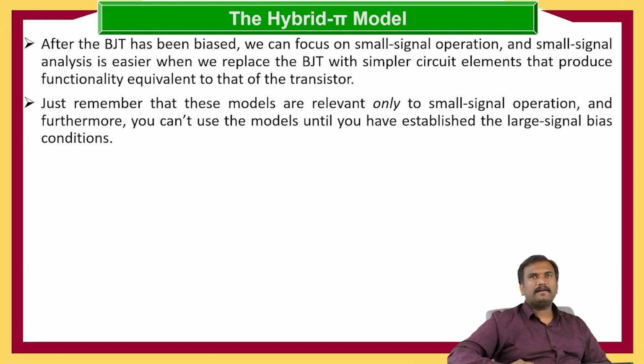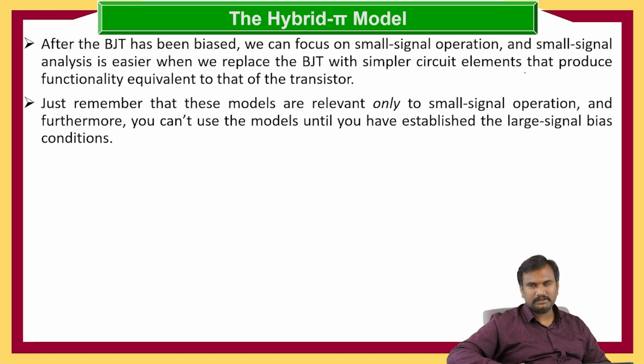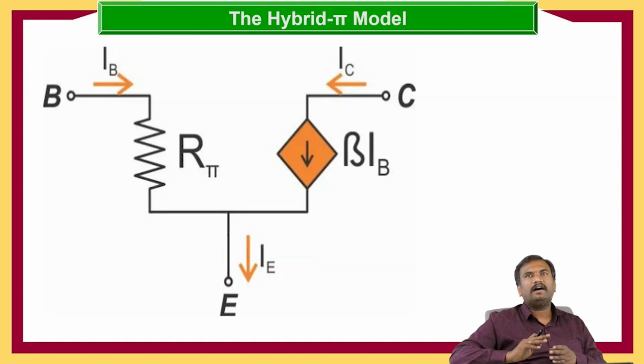The next one is the hybrid pi model. After the BJT is biased, we can focus on the small signal models. This is the hybrid pi model.